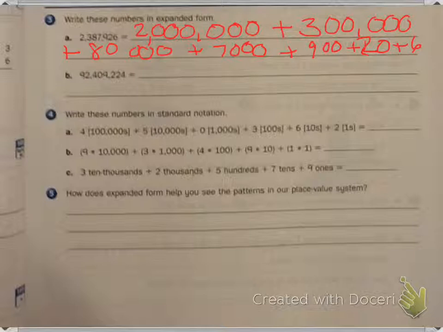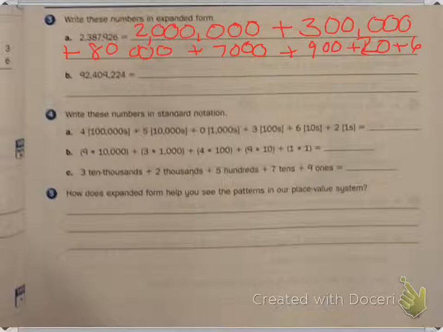That's my expanded form. If you're not sure, take the digit and then add however many zeros you need. So I have 1, 2, 3, 4, 5, 6 place values before my 2. So I wrote 6 zeros. You try B on your own.